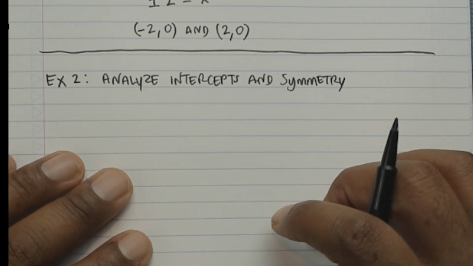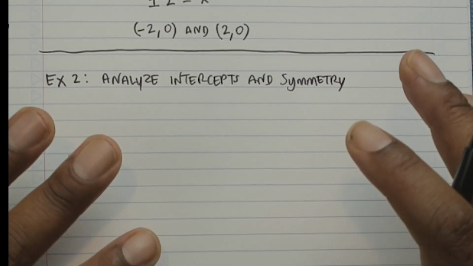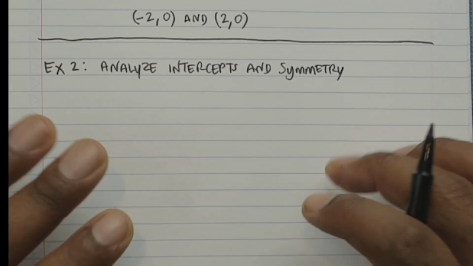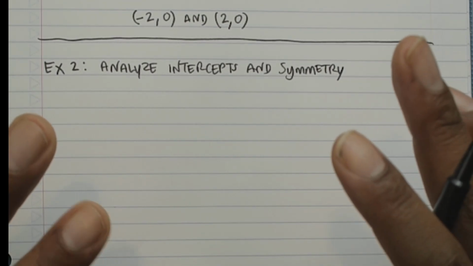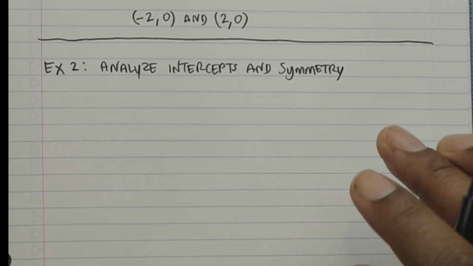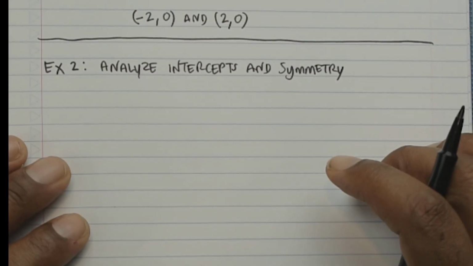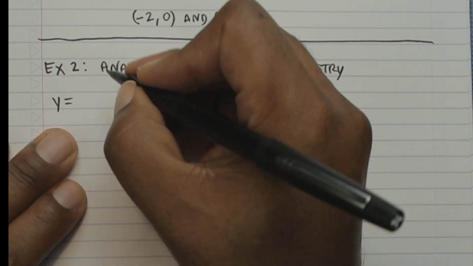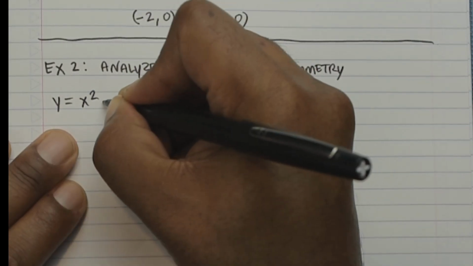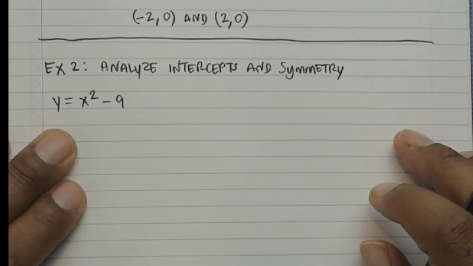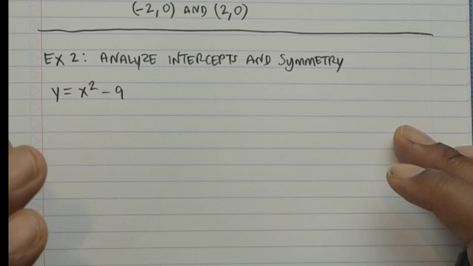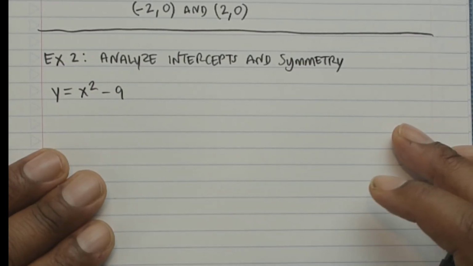So we want to determine essentially the intercepts and symmetry of a particular equation. Suppose we have y equals x squared minus 9, and we want to determine the intercepts and the symmetry for this particular problem.